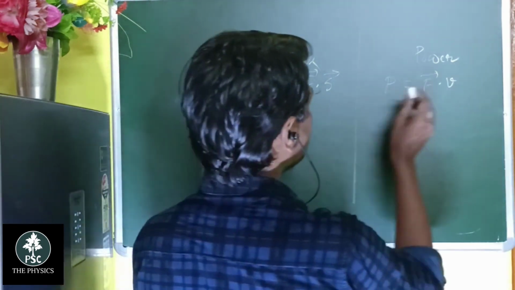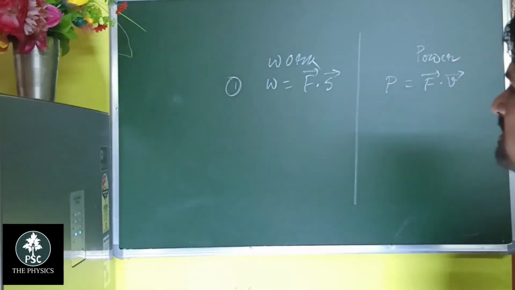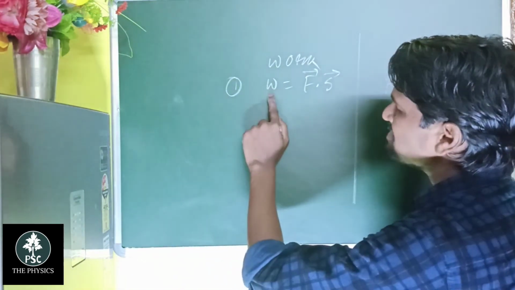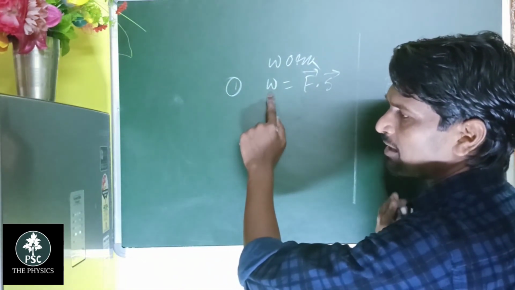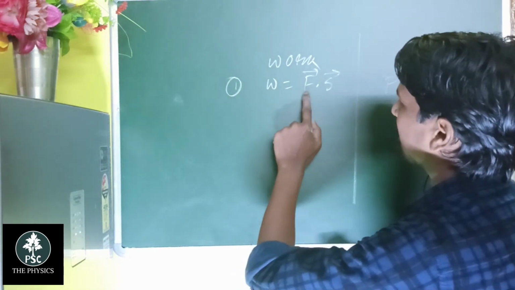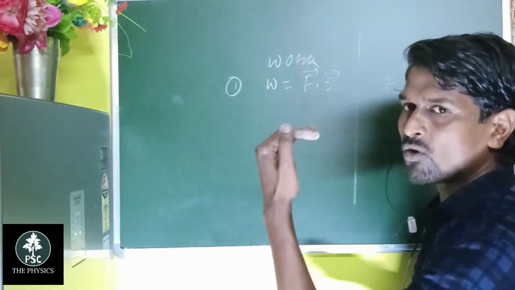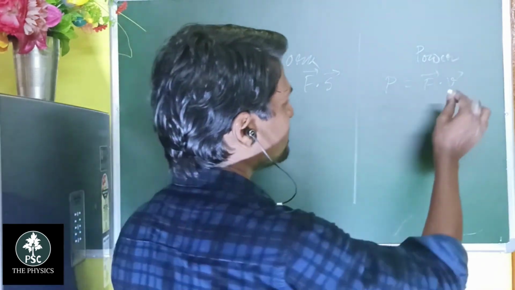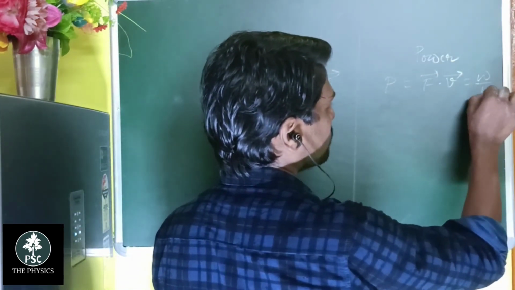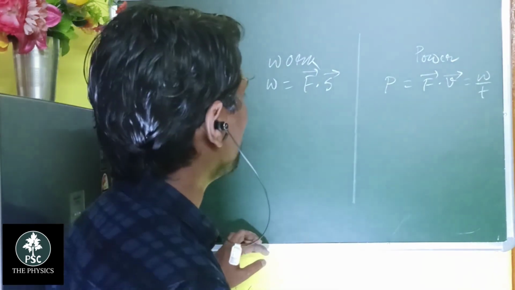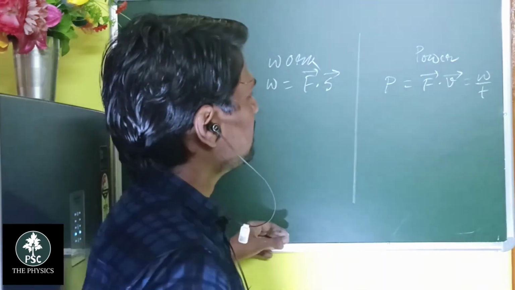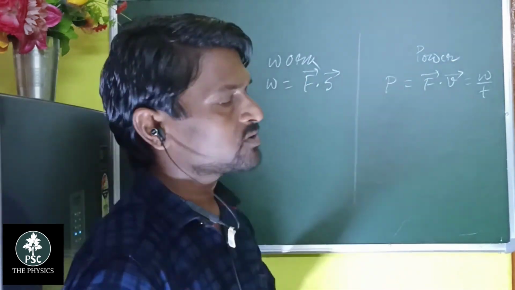So this is the first difference: work is said to be done when a particular force displaces a body along the direction of force, and the second one is the rate of doing work. This is called power.